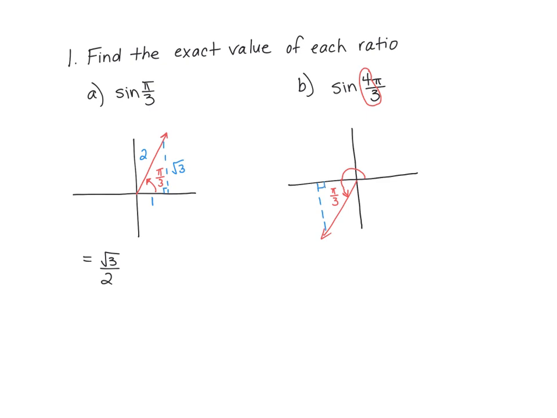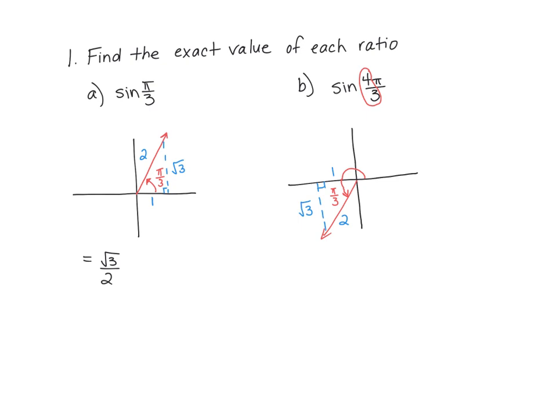I know across from my pi by 3 angle will be root 3. Across from my largest angle, which is pi by 2, will be my hypotenuse, which has a side length of 2. And again, since I'm being asked about sine, which is opposite over hypotenuse, I can stop my labeling there. However, I could put on my side length of 1.